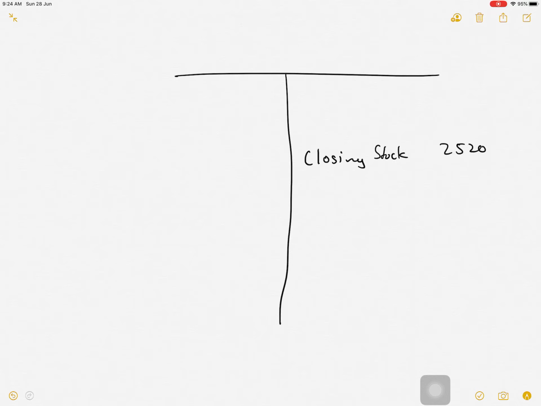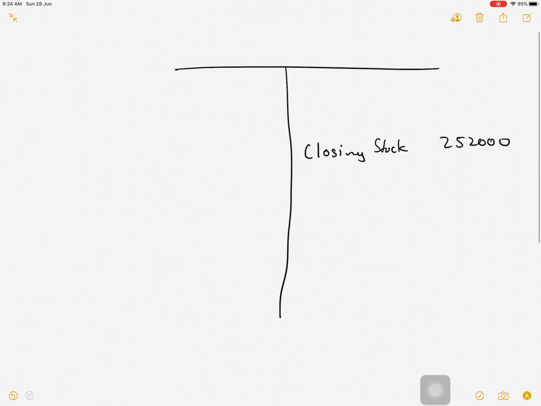My closing stock is 2,52,000 and my net profit is some amount. Now, if my closing stock is undervalued, my net profit will also be understated.